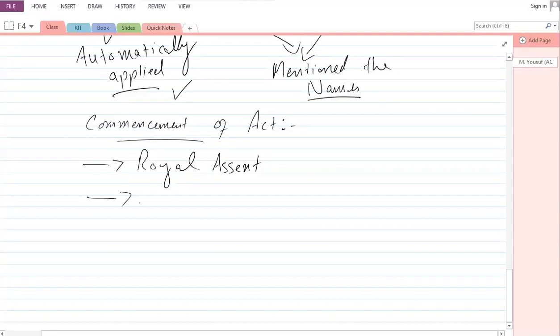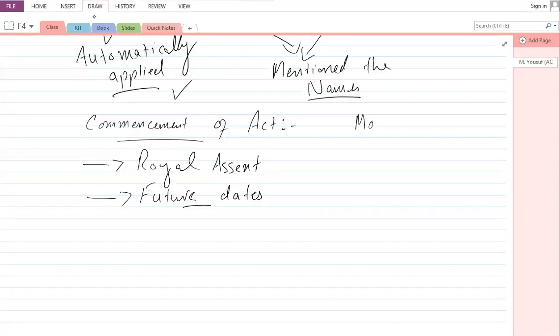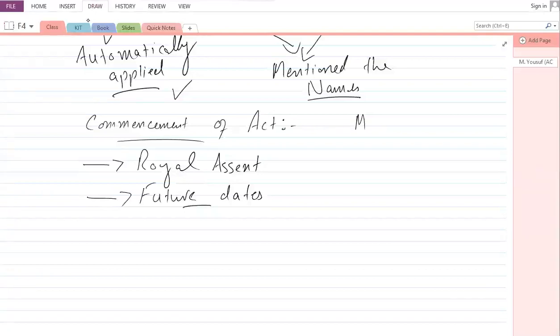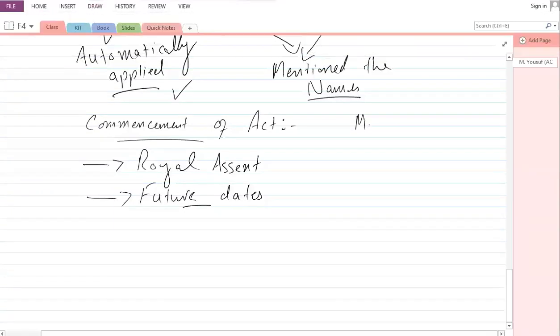For example, an act can be applied on future dates. Let's see there is an act named the Minority Rights Act 2001.